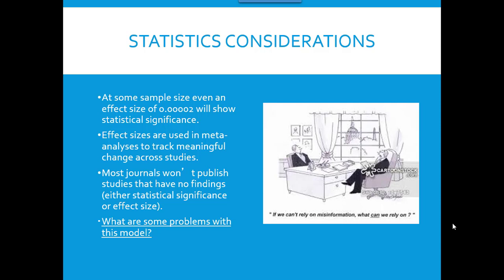Effect sizes are then used in something called meta-analyses. Meta-analyses are not looking at relationships, and they're not looking at differences. What they do is they go in and they may look at 30 studies that all measure the exact same intervention. They pull the effect sizes from those studies, and then they pool them together.